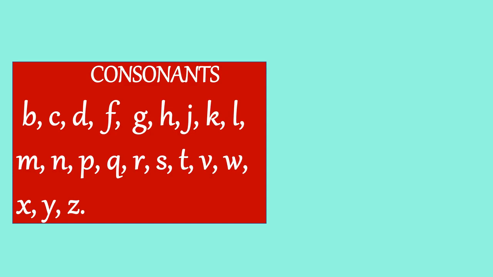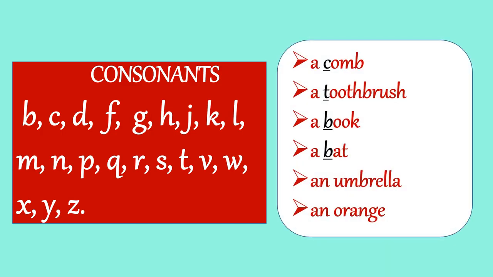So when a word starts with a consonant, or more specifically with a consonant sound, we use a before such words. Let's have a look at my list. In my list, there are 4 words: comb, toothbrush, book, bat. These all 4 words are starting with a consonant sound. That's why I have written a before them.